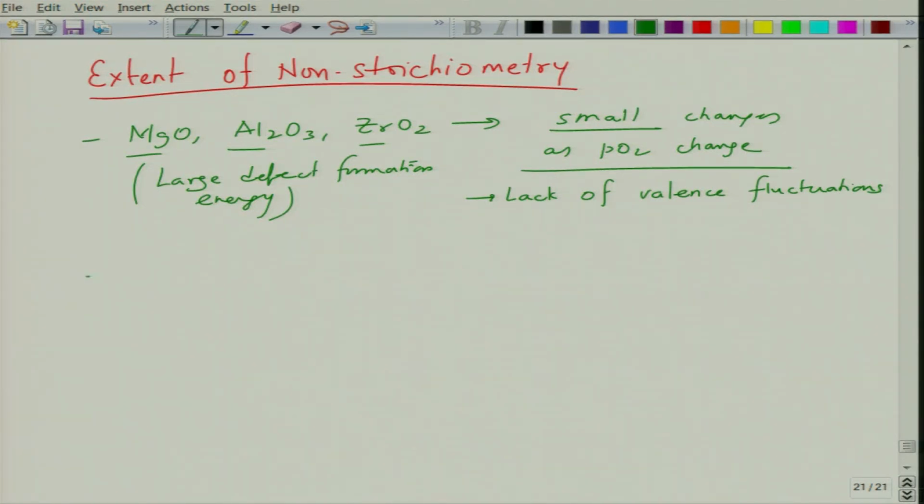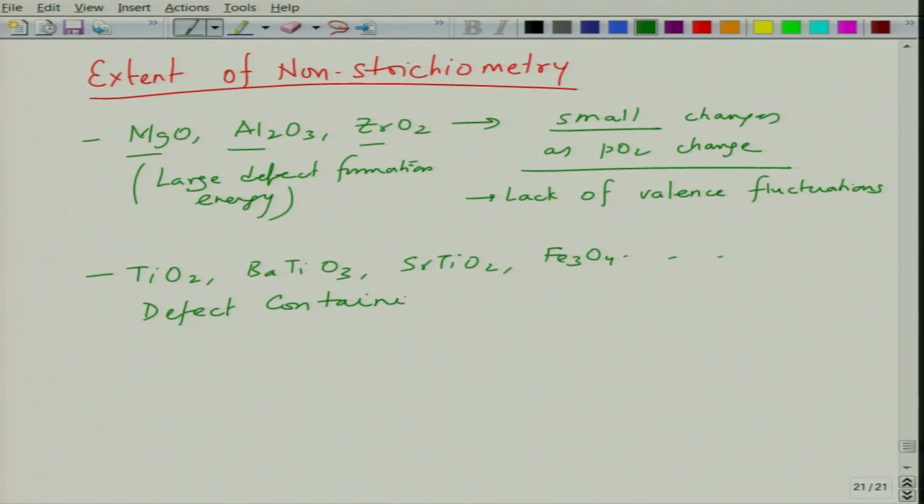On the other hand, oxides such as TiO2 or barium titanate or even strontium titanate, iron oxide, these are defect containing oxides, because the defect formation energy in these oxides is relatively smaller.